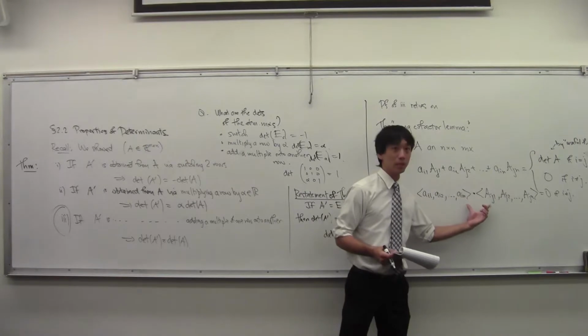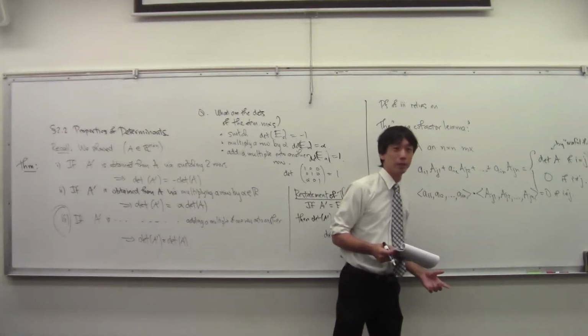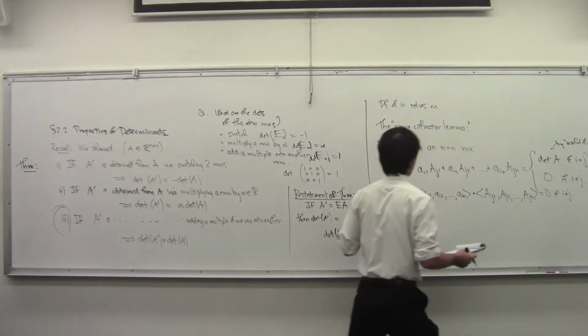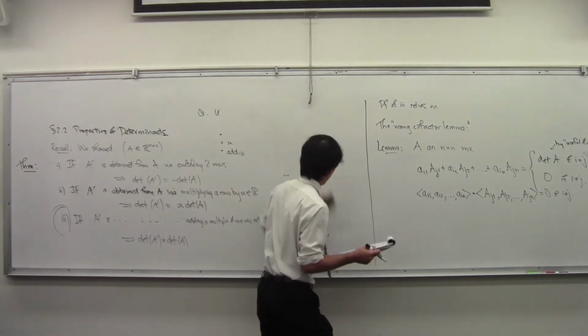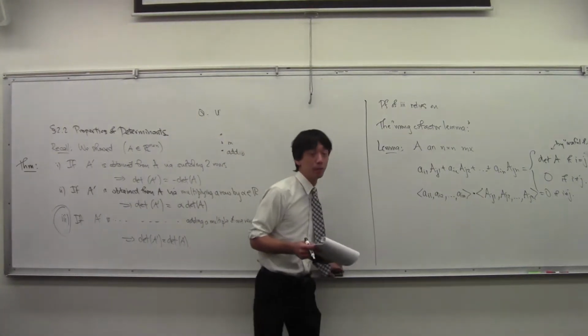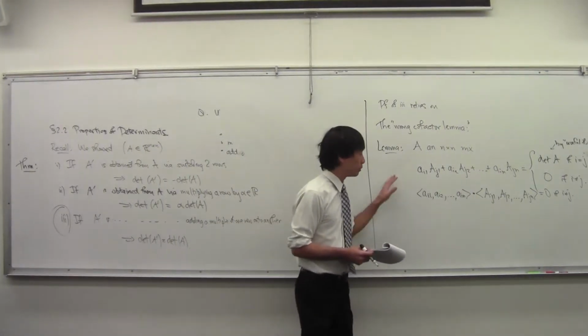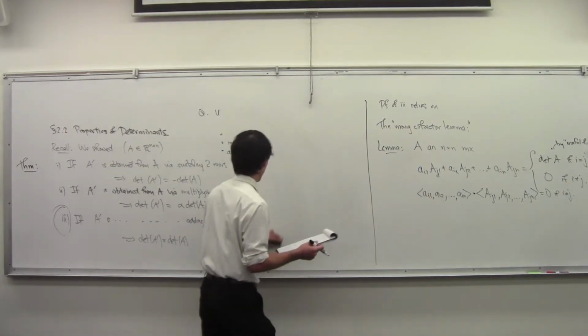So it's a statement about perpendicularity. They're perpendicular to each other if i is not equal to j. Let me see if I can give you an idea of why that happens before we do the rigorous proof. Maybe the proof is kind of abstract, but once you see it concretely, you'll say, oh, that's actually pretty simple.